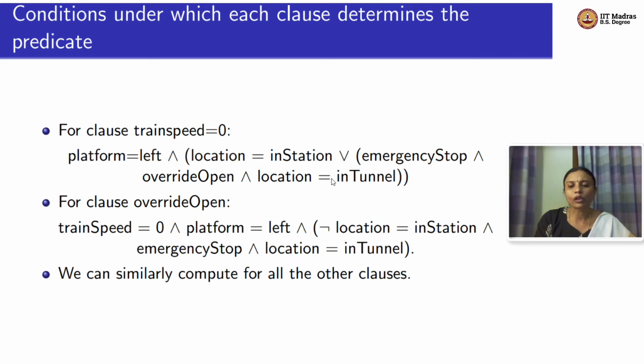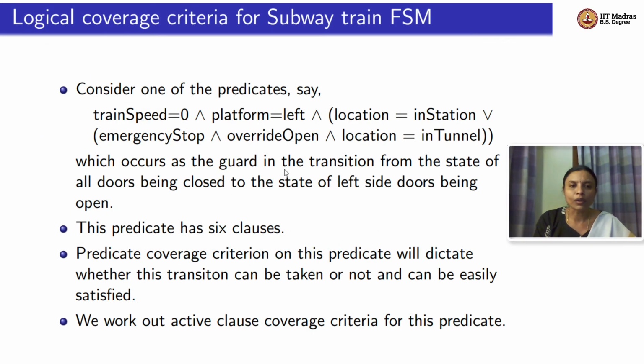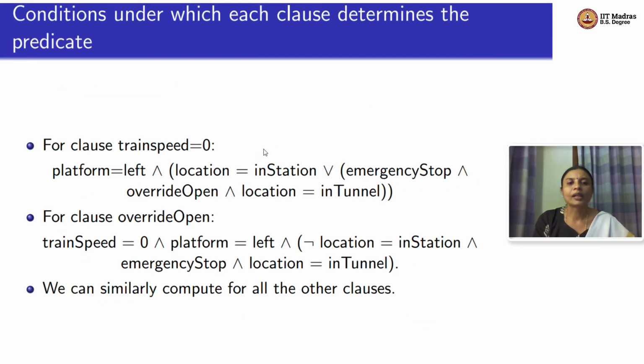Similarly, take some other clause. Let's say we take the clause override open here, the 5th clause in this predicate. So again, work out the same thing. Substitute it with true, substitute it with false, XOR the result. The resulting formula will be this. Train speed is 0 and platform is left, and it's not the case that location is in station and emergency stop holds and location is in tunnel.